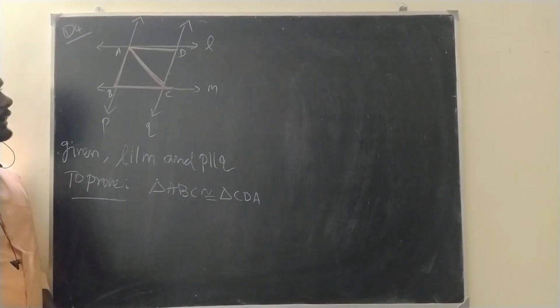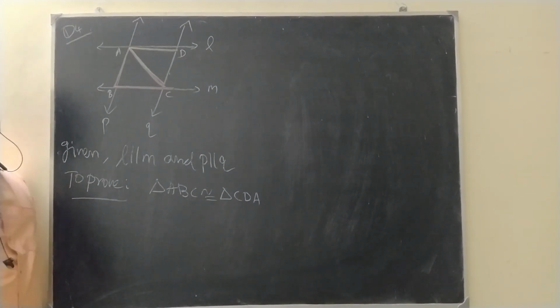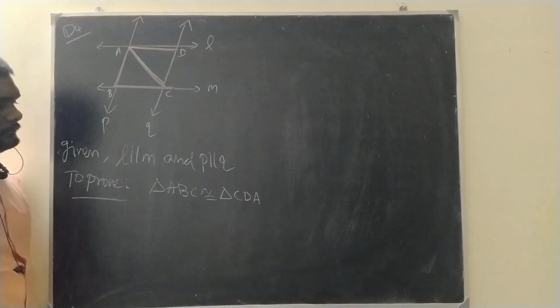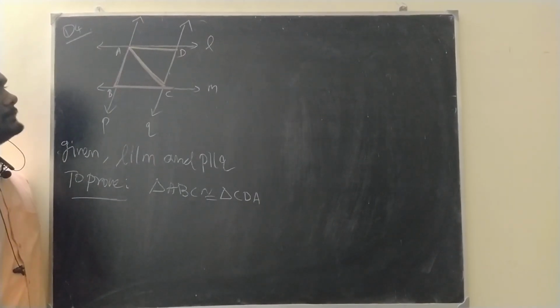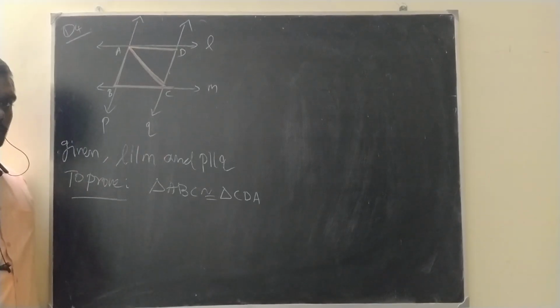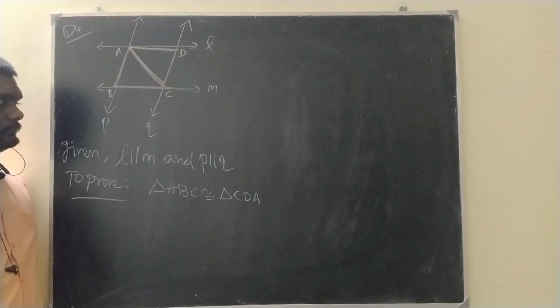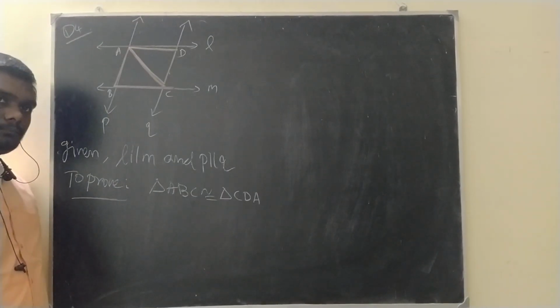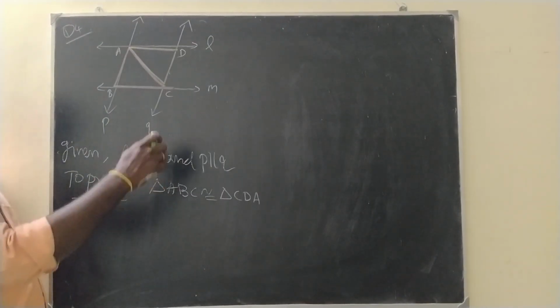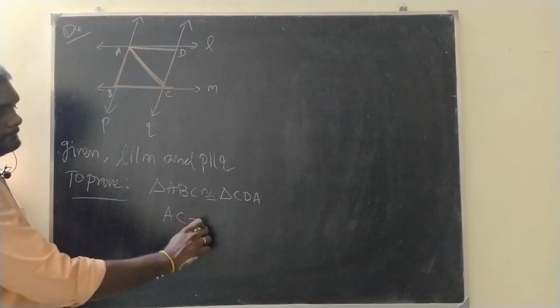Now from these two triangles we should say a congruency rule. What can we say? What do you think? The side AC is common.